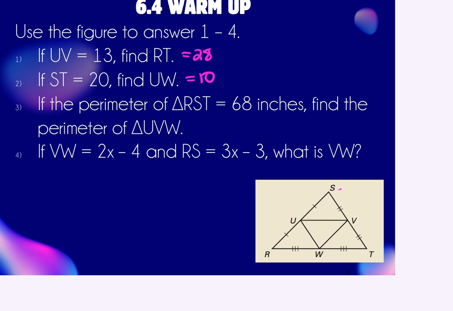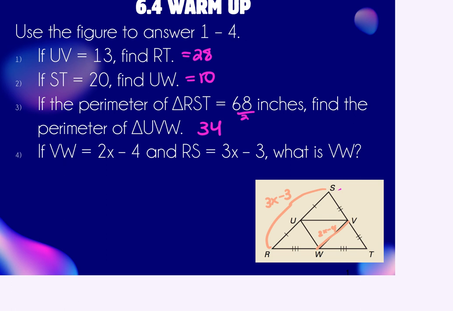The next one says, if the perimeter of RST is 68, find the perimeter of UVW, which would be 1/2 of it. Divide that by 2, and I get 34. And if VW is 2x minus 4, and RS is 3x minus 3, what's VW? So we have to solve for x.